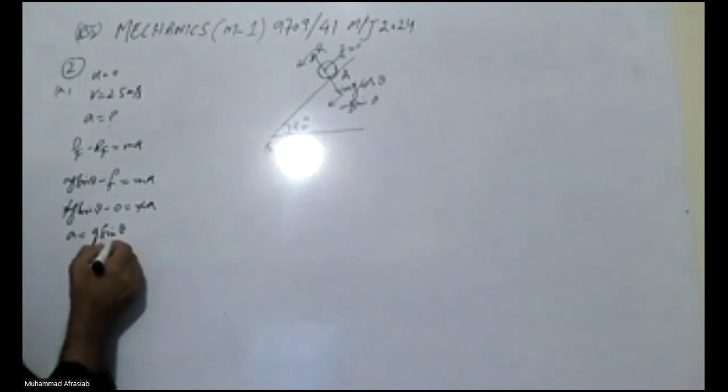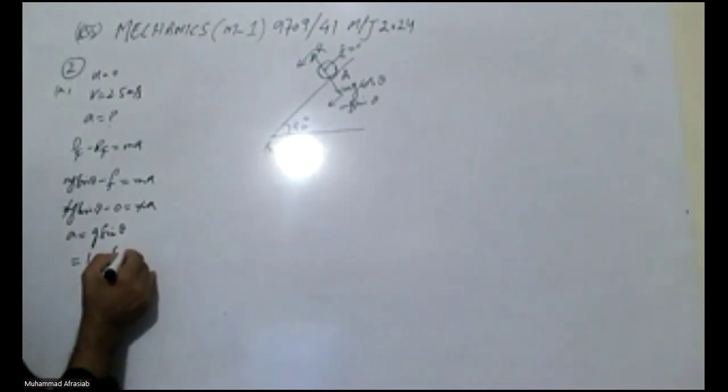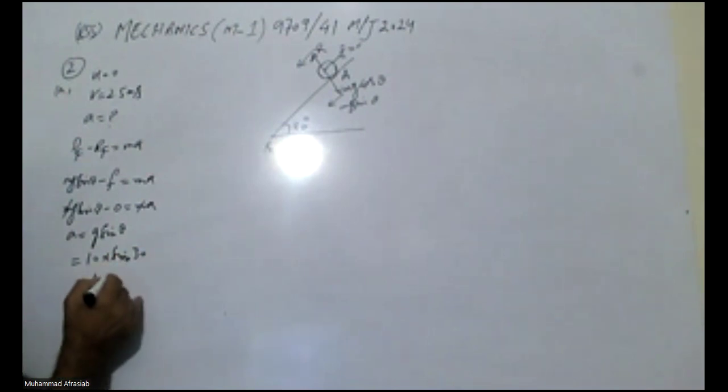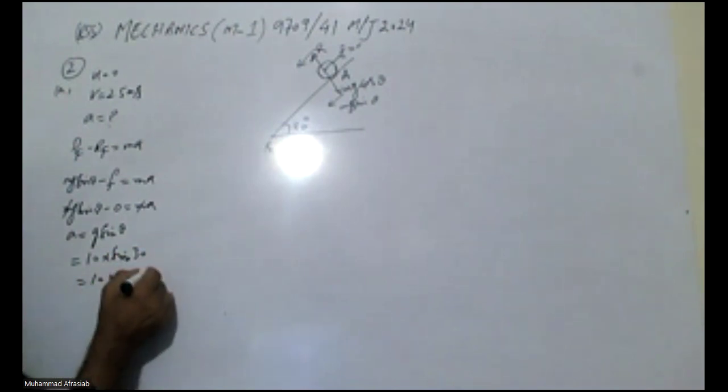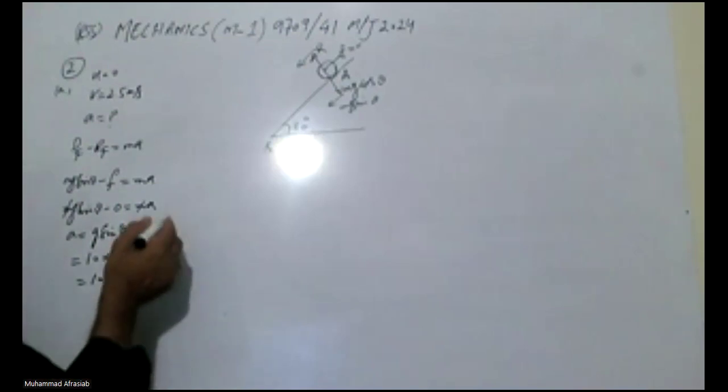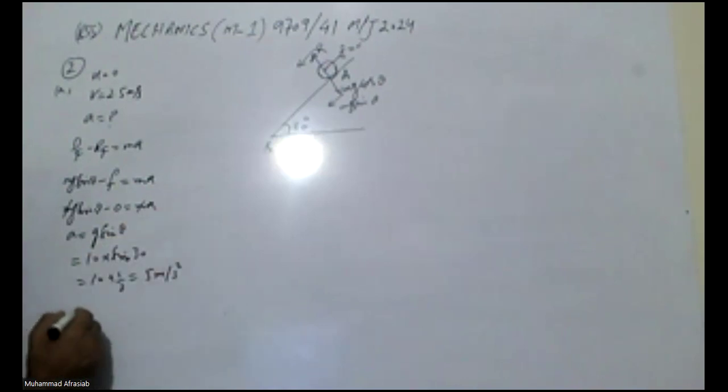g is 10, sin 30 is half, so that is equal to 10 into half, which is 5 meters per second squared. But we are going to calculate the time from A to B, its motion there.